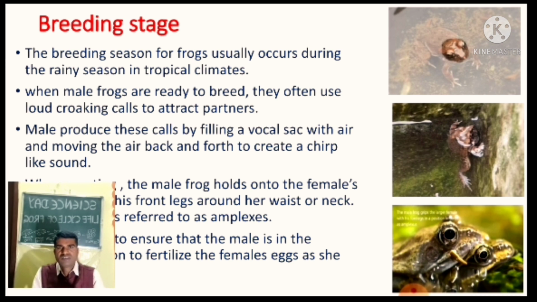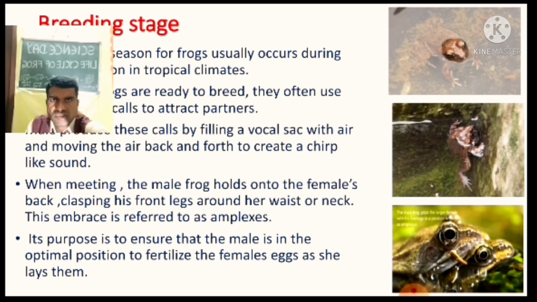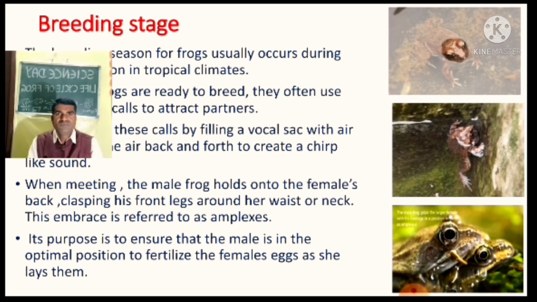Likewise, the male and female both come near each other at the time of fertilization. At that time the male is releasing sperm and the female is releasing ova. When mating, the male frog holds onto the female's back, clasping his front legs around her waist or neck.